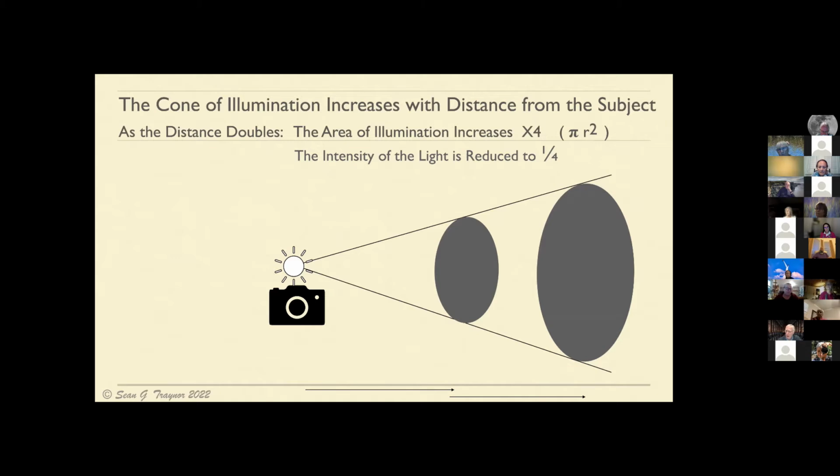So it's not surprising then that the intensity of the light on any area on the second circle is in fact 1/4 of the intensity that it is on the first circle. So even though the distance is doubled, the light intensity is now down by 1/4.